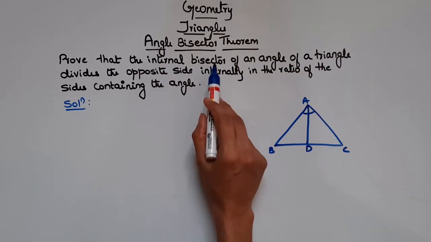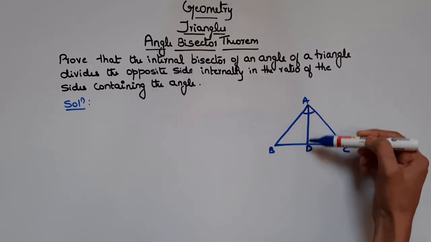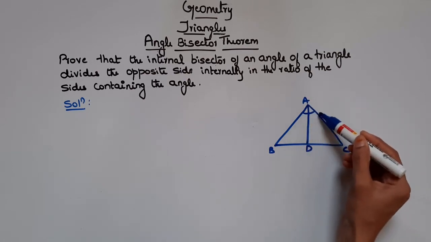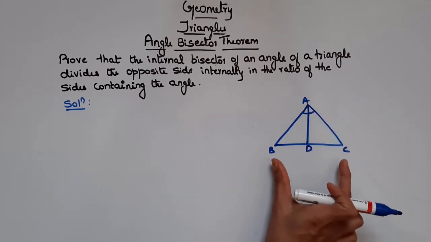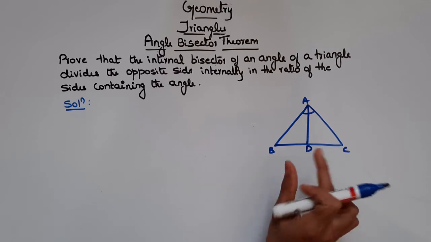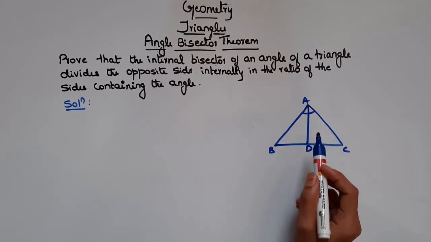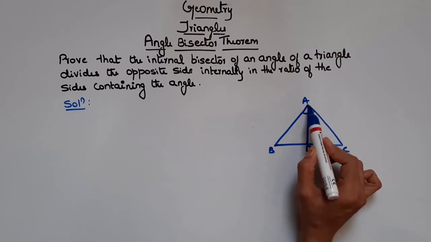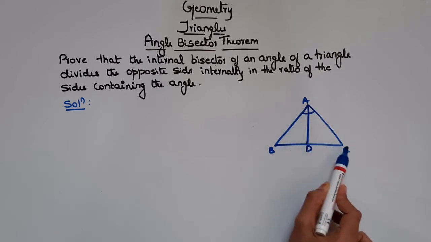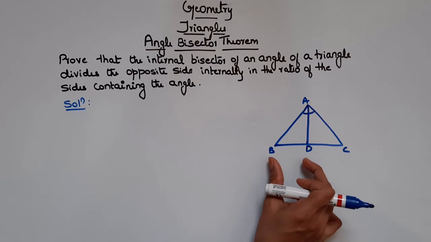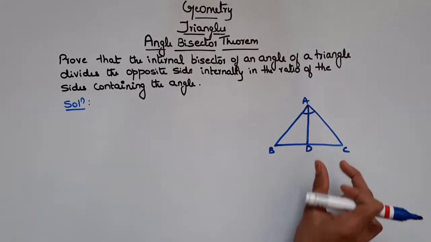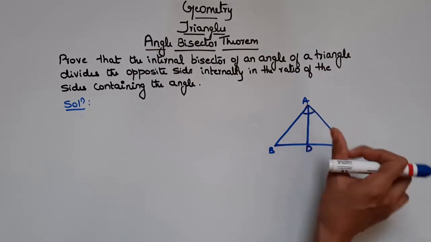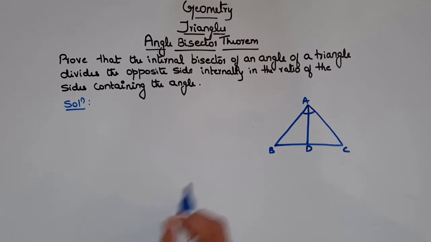So AD is an internal bisector of angle A which divides the opposite side BC in the ratio equal to the sides containing the angle. Here the sides containing the angle are AB and AC. So we have to prove BD by DC is equal to AB by AC. I hope this is clear, right?